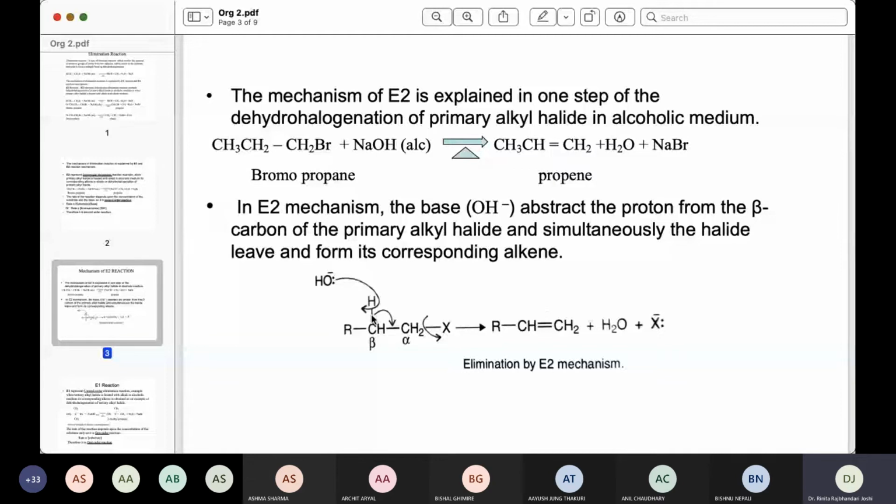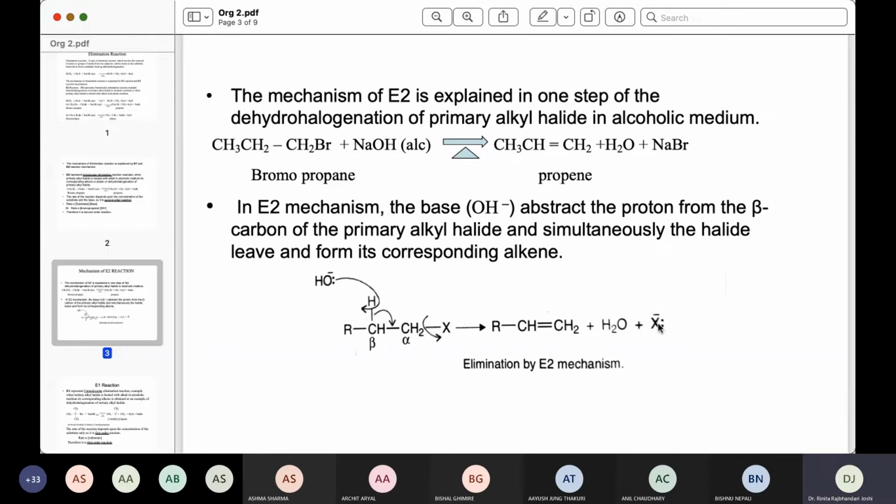So this bonded pair of electron will move to form the double bond between this alpha carbon and the beta carbon. And as this bonded pair of electrons is shifted to form the double bond between this and this, then the leaving group, that is the halide, leaves along with the bonded pair of electron.